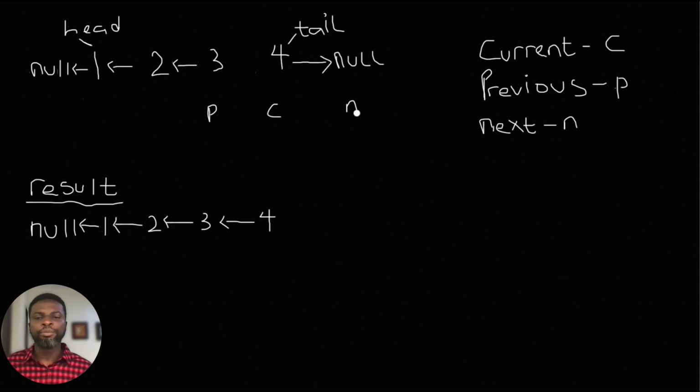Now that I have all the pointers assigned, I'll go ahead to reverse node 4, which is the current node. So instead of node 4 pointing to null, node 4 now points to node 3. After reversing the current node, I'll go ahead to move the previous pointer to the node after it.